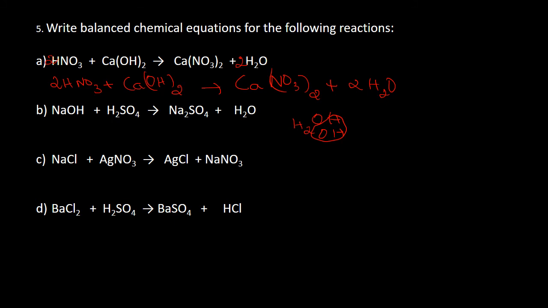Next question: NaOH, sodium hydroxide, combines with sulfuric acid to form sodium sulfate and water. Here sodium hydroxide is aqueous, H2SO4 is aqueous, sodium sulfate is aqueous, and water is a liquid. Now let us balance it. Sodium hydroxide plus H2SO4.